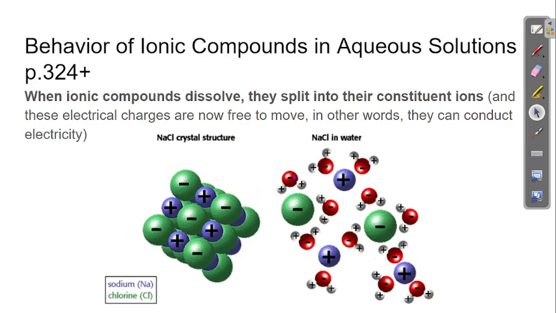So now you have water. Here's your water, which is a covalent compound represented by a red ball, which is the oxygen, and the two white balls that represent the hydrogen, okay?